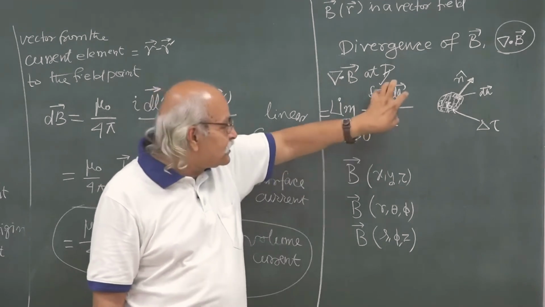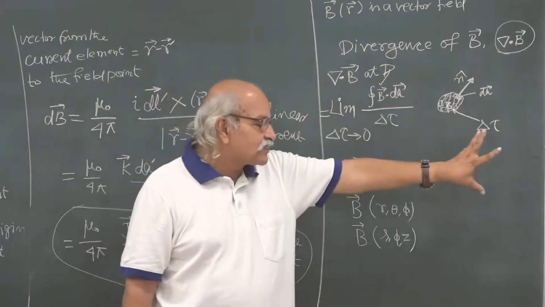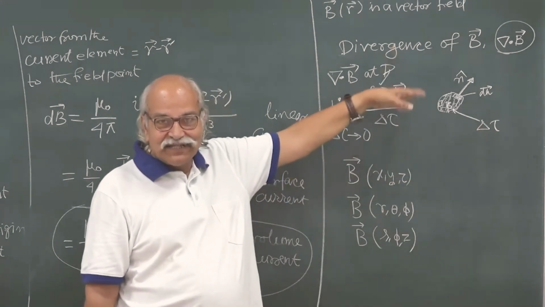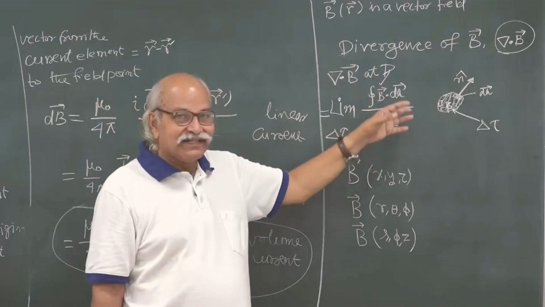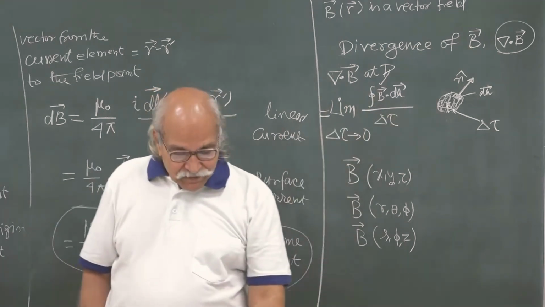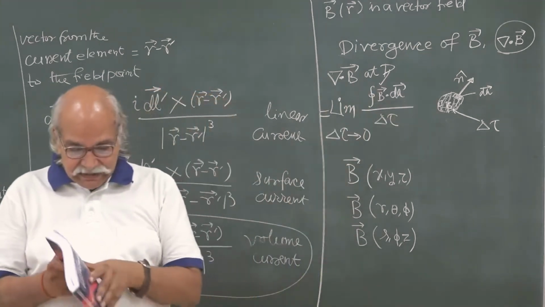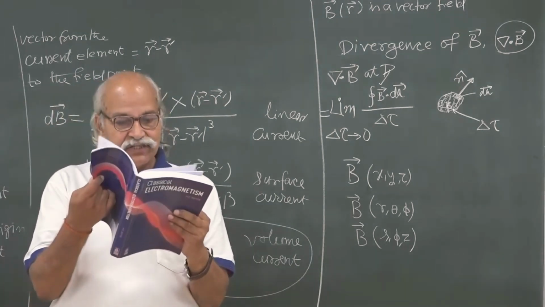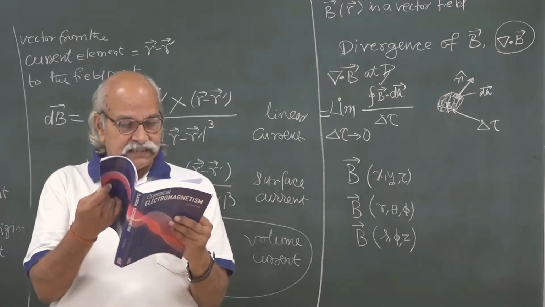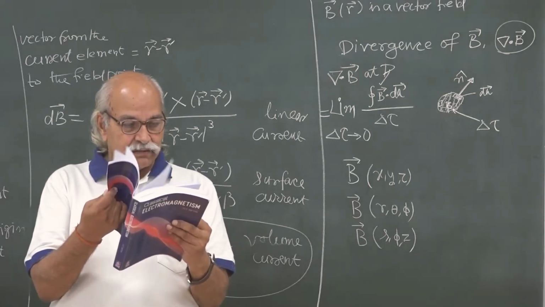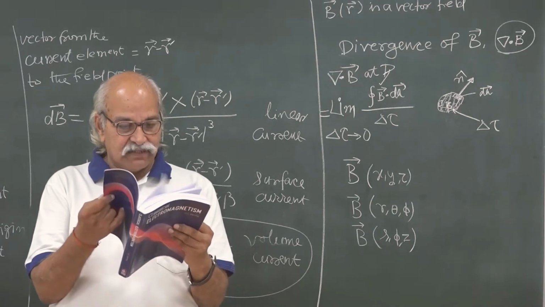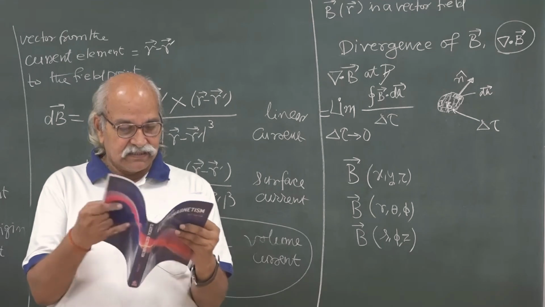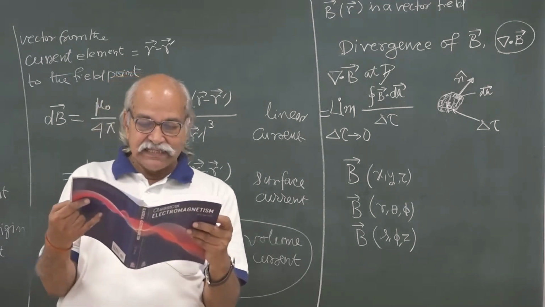From this definition we can write expressions which are easier to handle, not going into this much of geometry and algebra and limit and calculus. And what is that? That is given in the book that we are using, in the fourth appendix: divergence, gradient and curl.